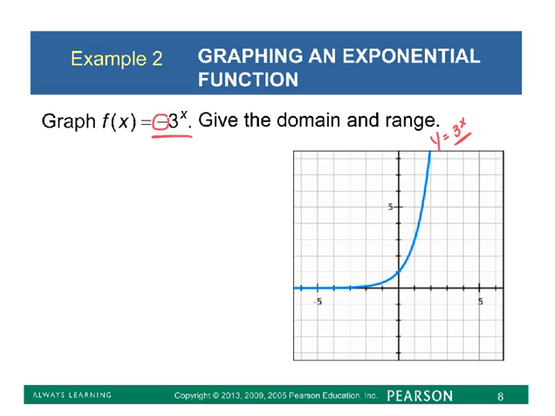Going to have these points here, (-1, 1/3), (0, 1), and (1, 3). So graphing that, we get this function here. Okay? So a reflection across the x-axis of the 3 to the x function.